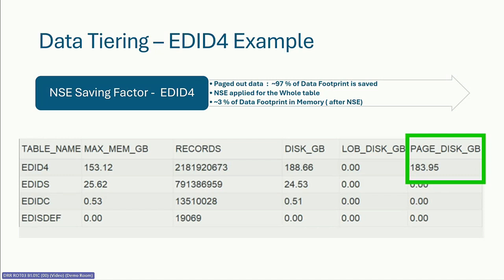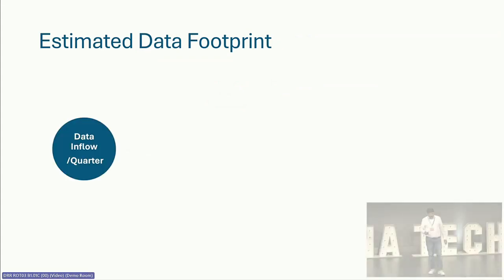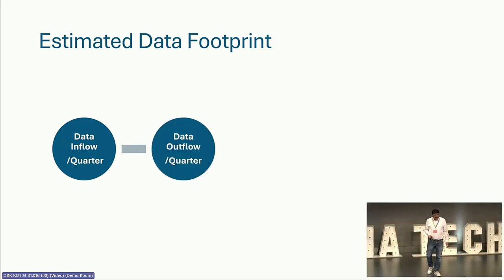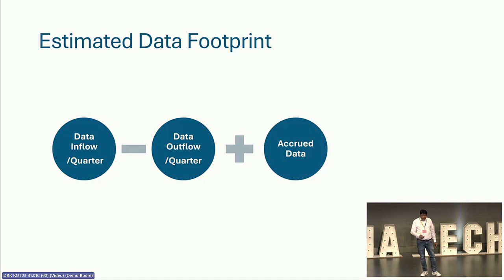So my job is to make this calculation on what I already estimated before. Then let's come to the estimated data footprint on the whole. I have the data inflow per quarter, minus the data outflow per quarter, plus, let's not forget, some accrued data.